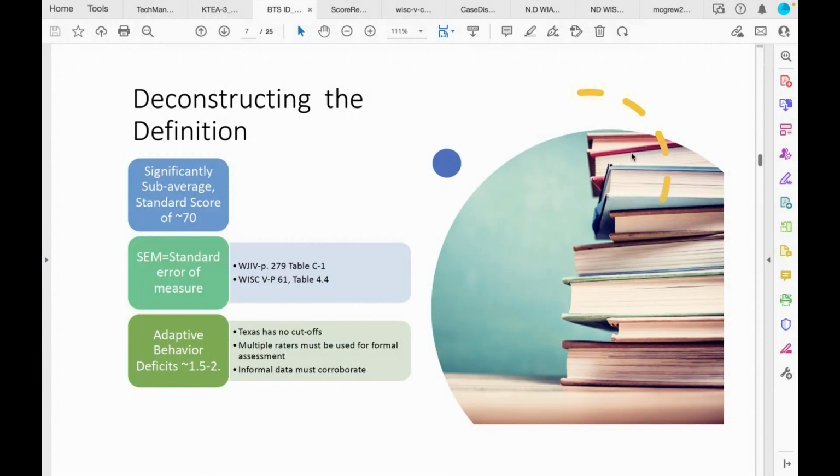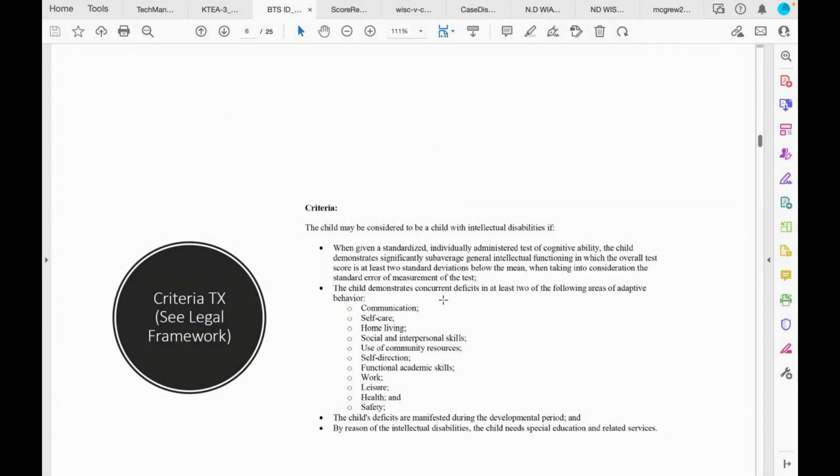Well, all that is, is an understanding of test and measurement. First of all, tests have error in them. So the SEM is a number that helps us interpret and consider the error of the test, that our measurements, especially of the constructs we measure, are not just precise.